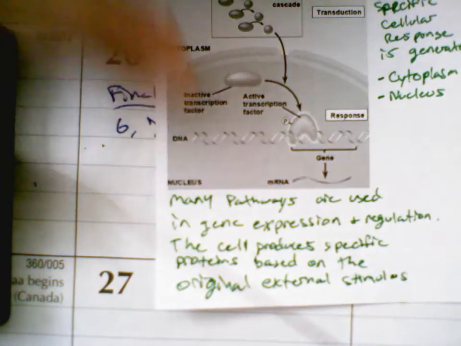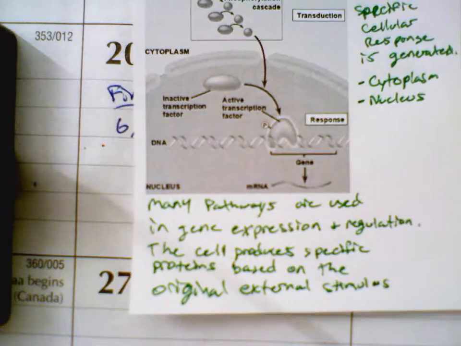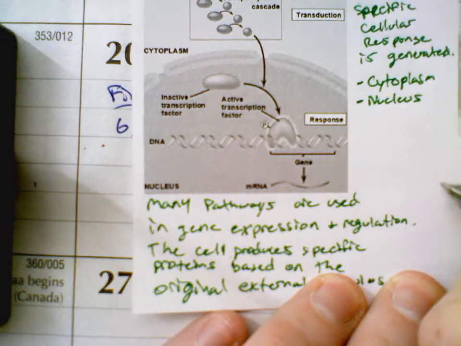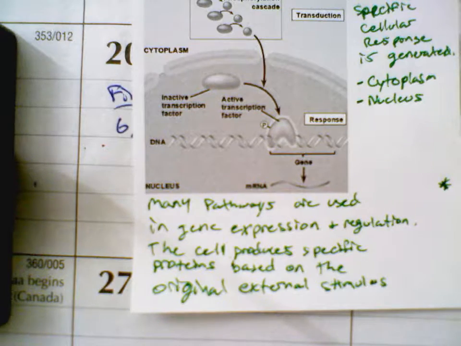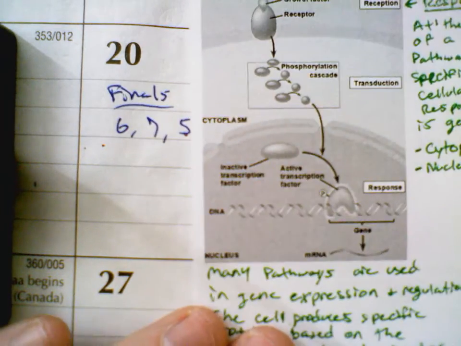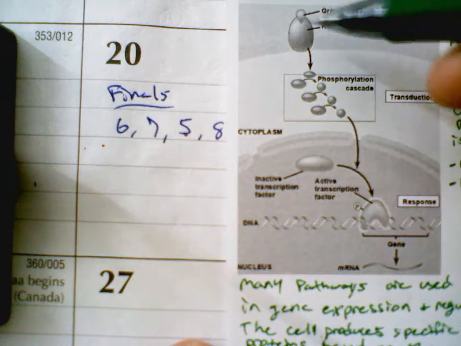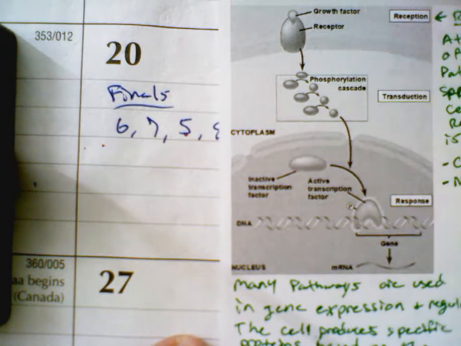So again, we're being vague, we're being broad because we want to focus on overall concepts, not on specific examples. The examples are useful, but we don't want to get too specific, so you can apply this stuff through multiple contexts. So what we see here is, again, we have an initial stimulus, whatever it might be.